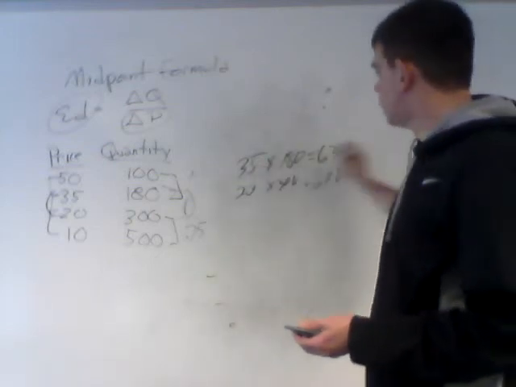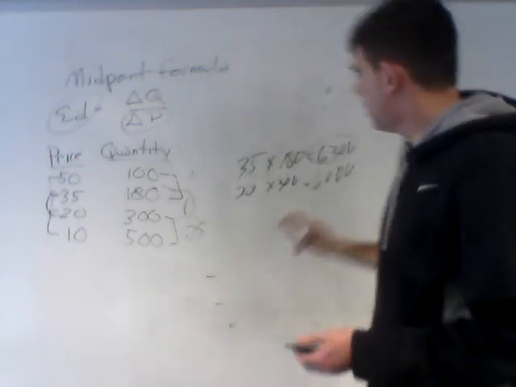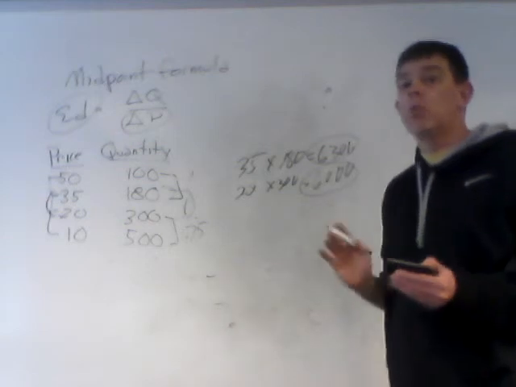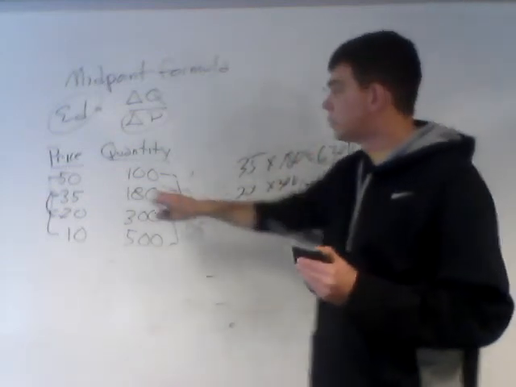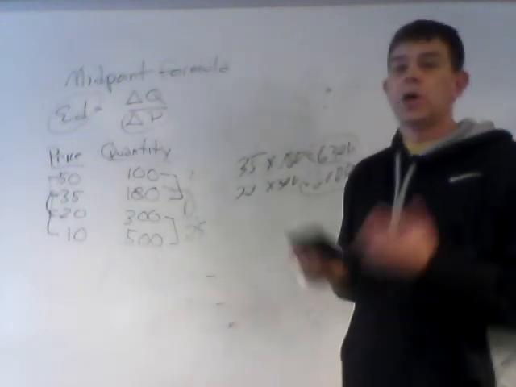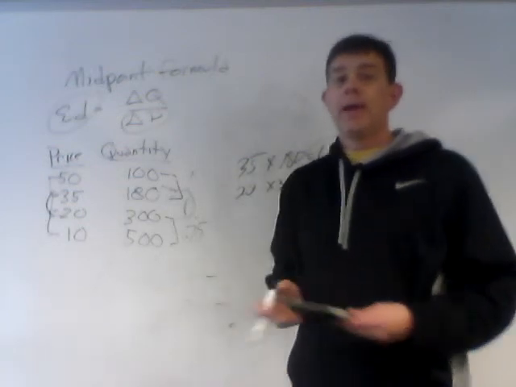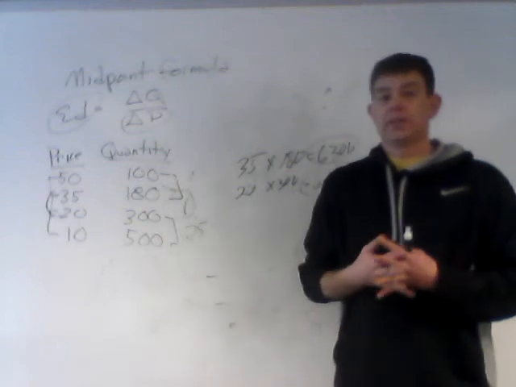So at $35, this represented our total revenue, $6,300, and at $20, $6,000 was our total revenue. So either way, we know that a drop in price, if we drop the price of our beer from $35 to $20 a case, total revenue will go down.